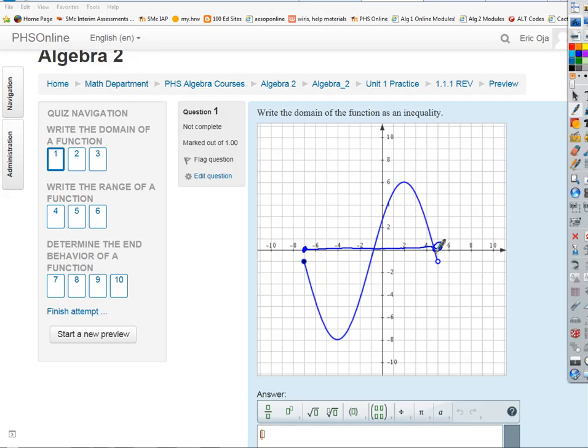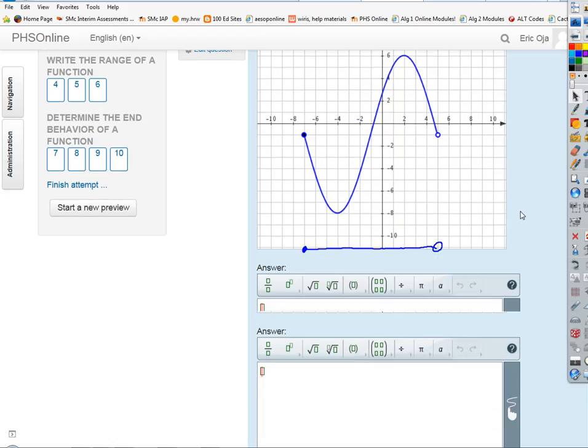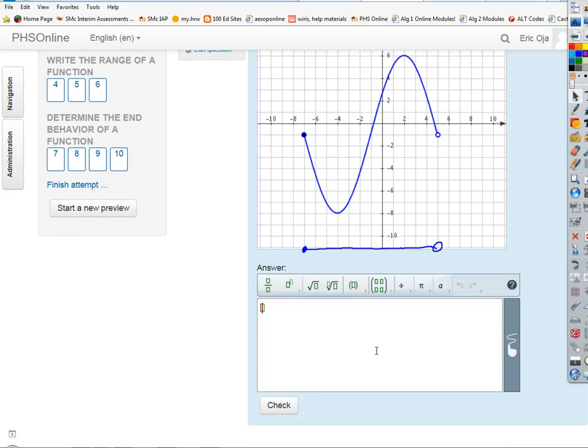I want to write that as an inequality, so what's that going to look like? X is greater than or equal to, good, because we have to include -7.